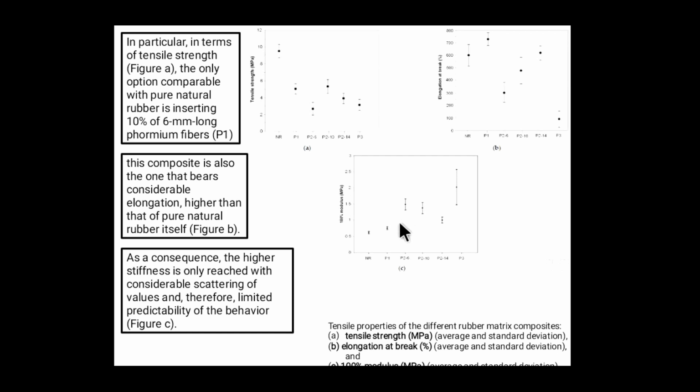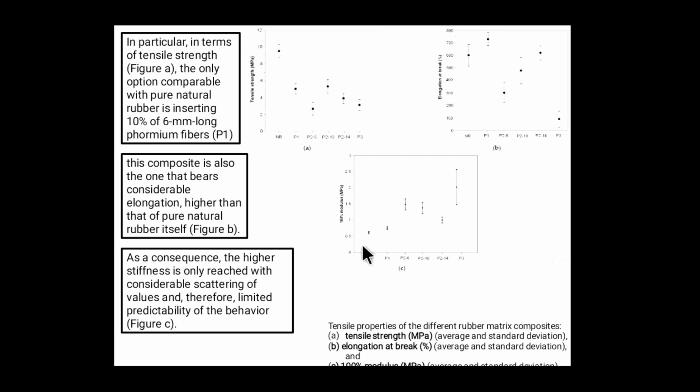Here P2 means the 6 mm, 10 mm as well as the 14 mm composites. It may be suggested that it is difficult to maintain the straight alignment of chromium 10x fiber at a higher length. So now the tensile part is over.